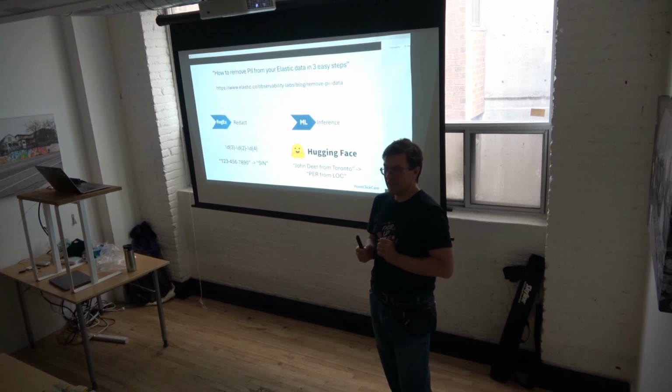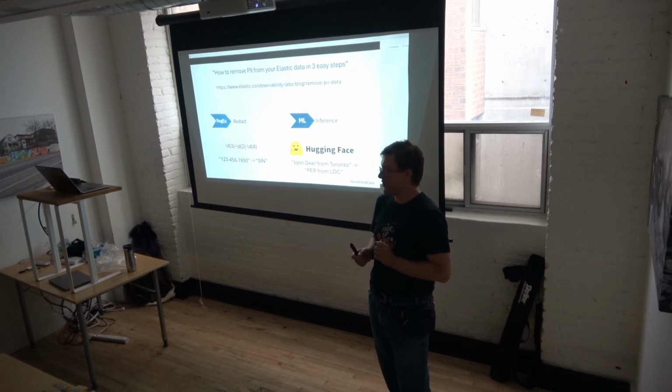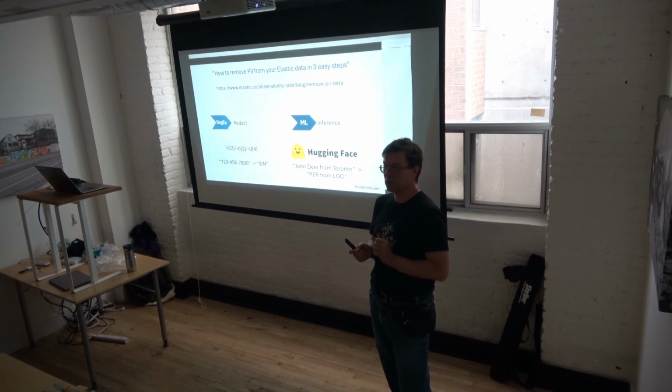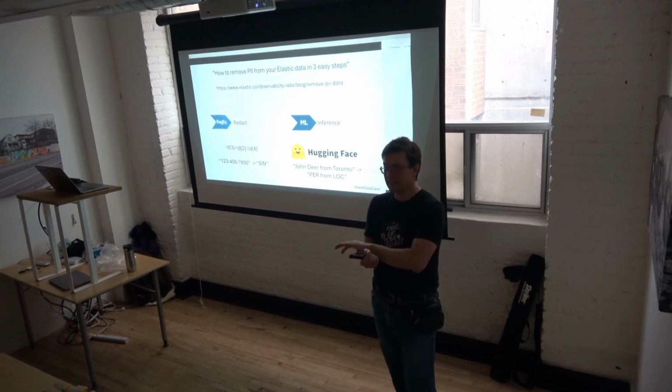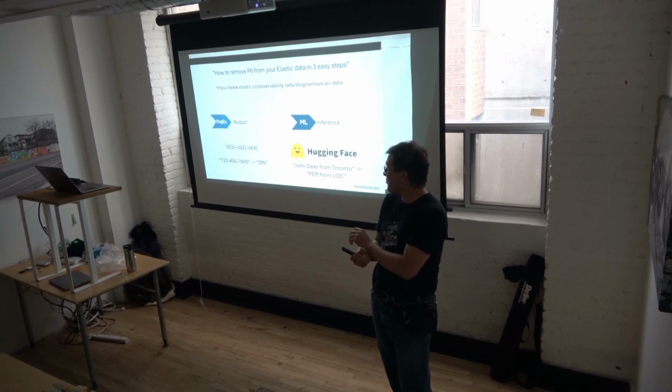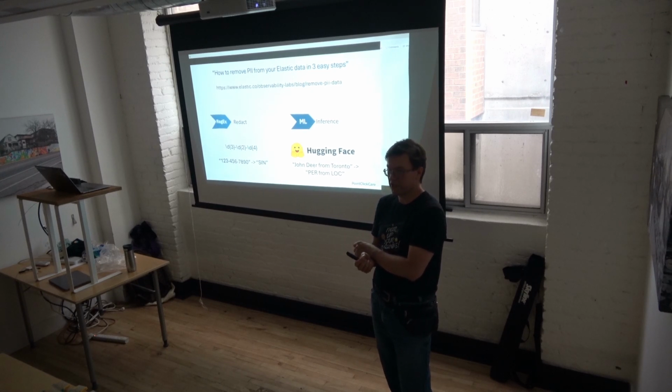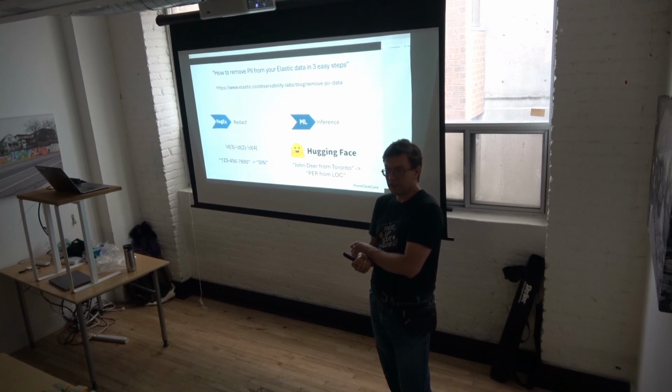And Elastic 8 offers two new features. First of all, the redact processor, which allows you to use regular expressions to find some pieces of information and replace them with fixed strings. And another, more interesting part, inference, which allows you to use artificial intelligence or machine learning.